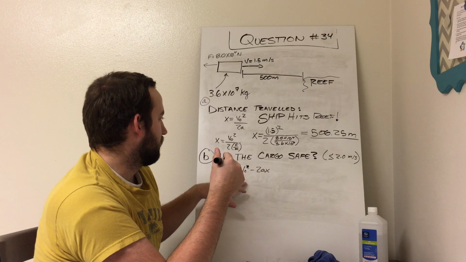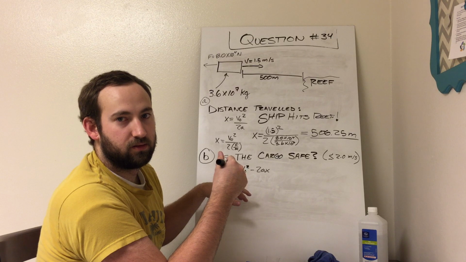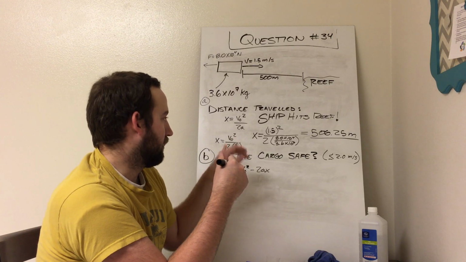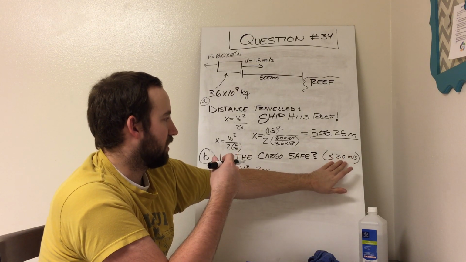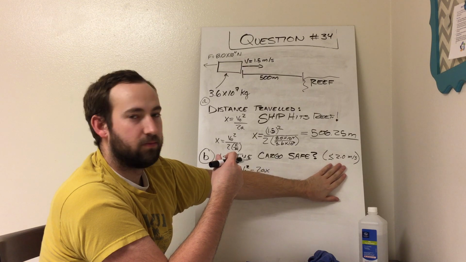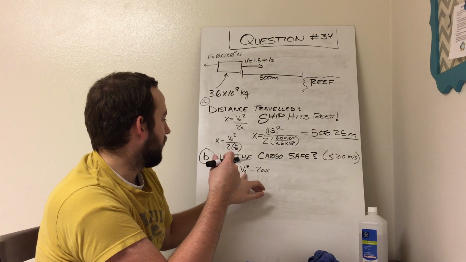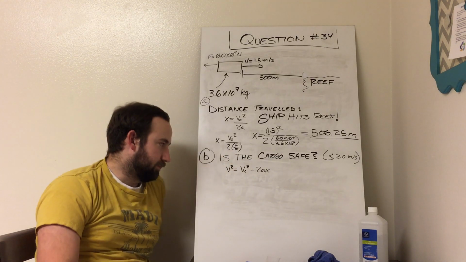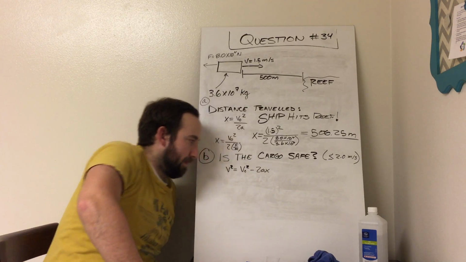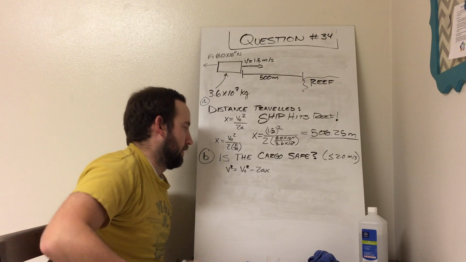We'll plug everything in and see what the velocity is at the end of all this, and if it's less than or equal to 0.2 meters per second, we'll know that the cargo's safe. So let's plug in the values that we have.